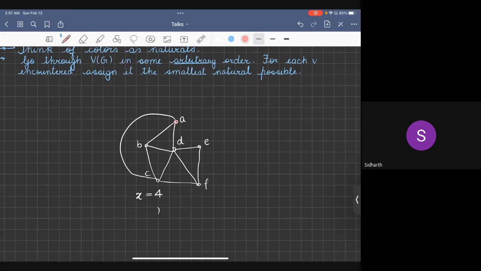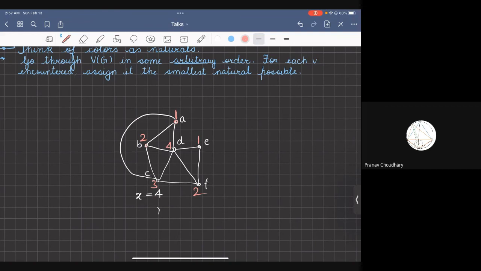Let's go alphabetically. So A is 1, and then look at B. 1 is already used by a neighbor, so we'll put 2. Now look at C. 1 has not been used because A is not adjacent, so just put 1. Sorry, C is adjacent to A? Yes, you're right, so 3. And then look at D. 1, 2, 3 have been used, so 4. And look at E. I can assign it 1. And then look at F. I can assign it 2.